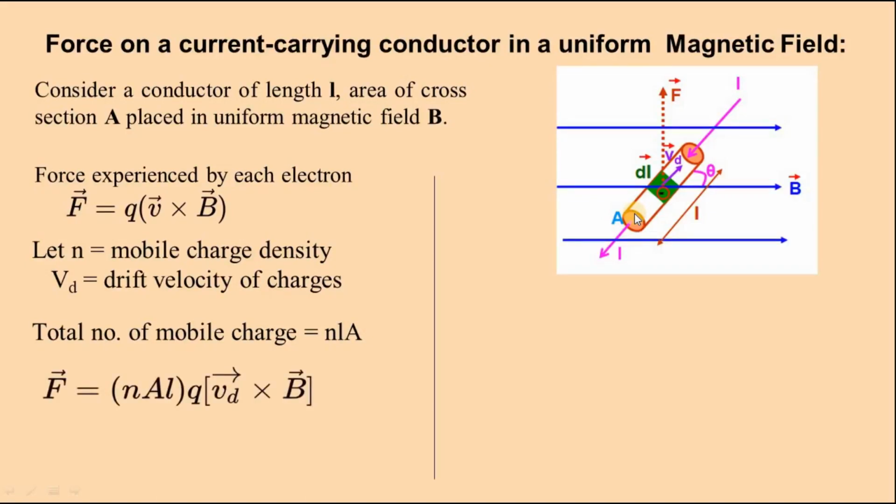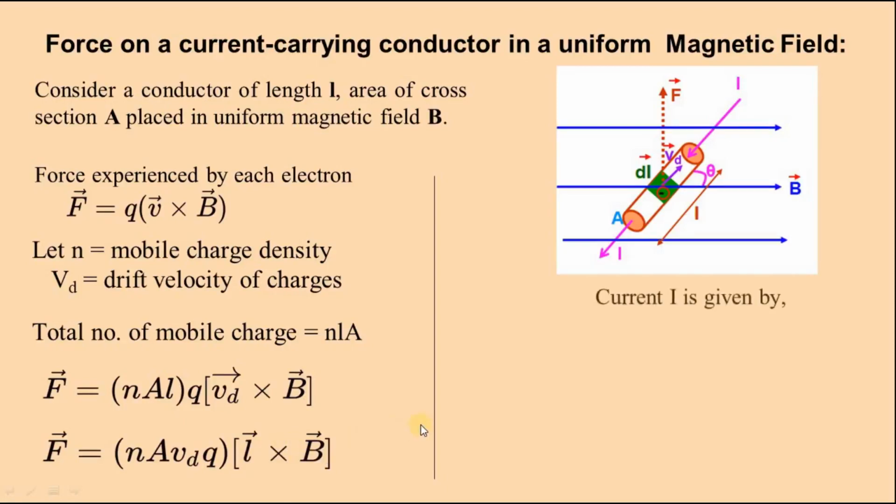Therefore, the net force acting on the charges is given by n A L into Q into Vd cross B. This can be rearranged and we can write F equal to n A Vd Q into vector L cross vector B. The current I is given by n A Vd into Q, which is the relation between current and drift velocity.